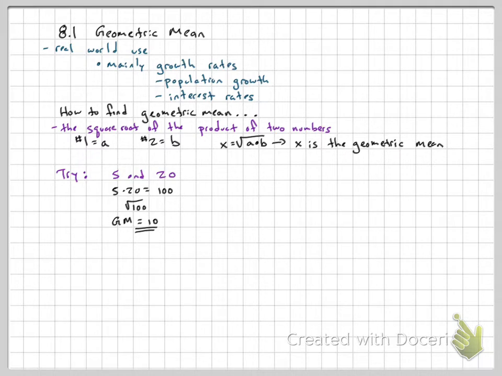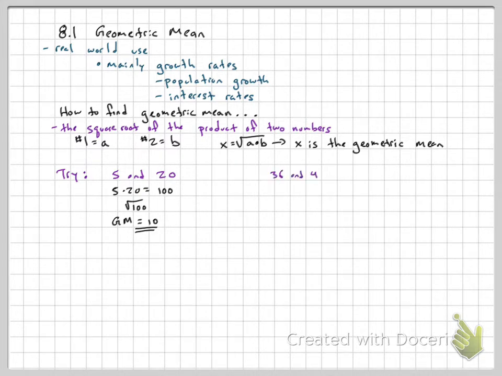Like the average of 5 and 20, so if I did 20 plus 5 is 25, 25 divided by 2, that's 12.5. So 12.5 is directly in the middle between 5 and 20. Compared to geometric mean, the value is 10, okay? And so try not to get mean or average confused with geometric mean, because they're not the same thing.